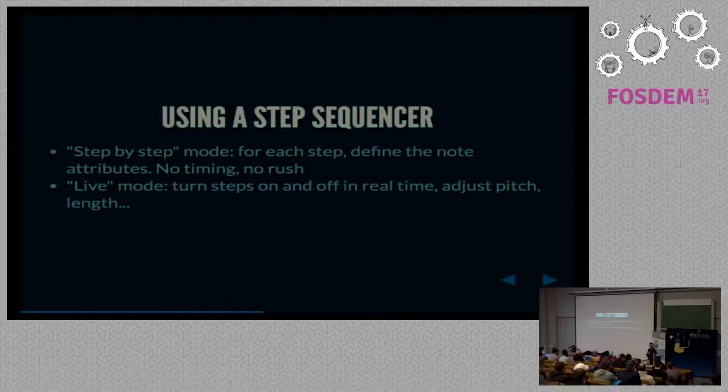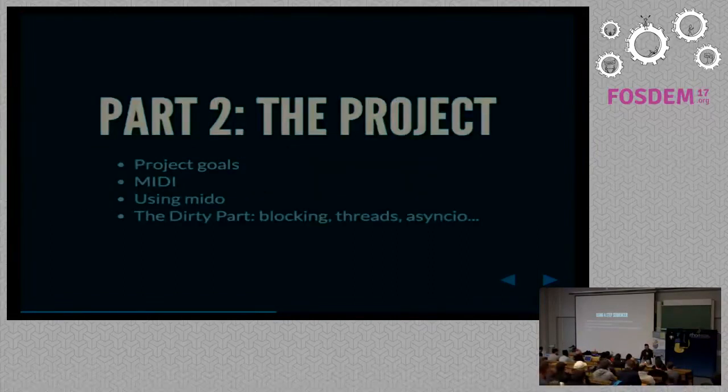And of course, there is the live mode where you start the thing, and you can activate steps, toggle them in real time. So that's the real power of a step sequencer.